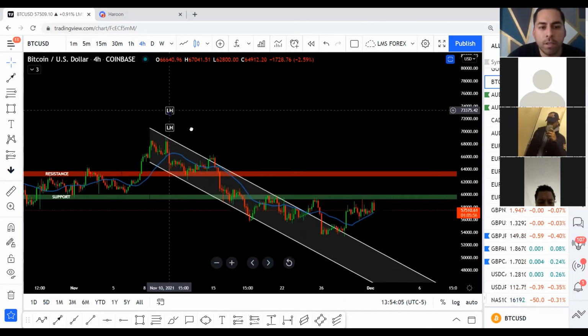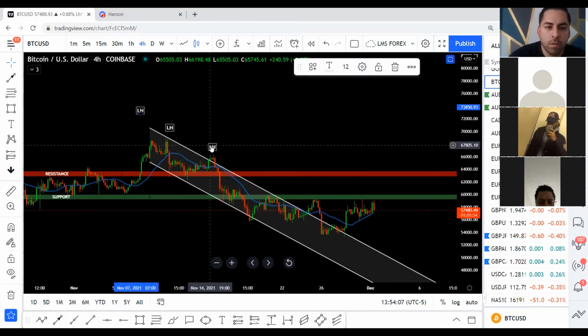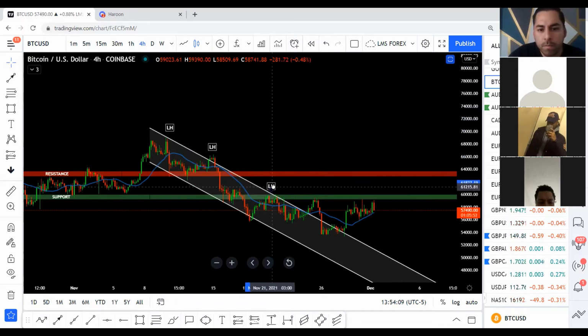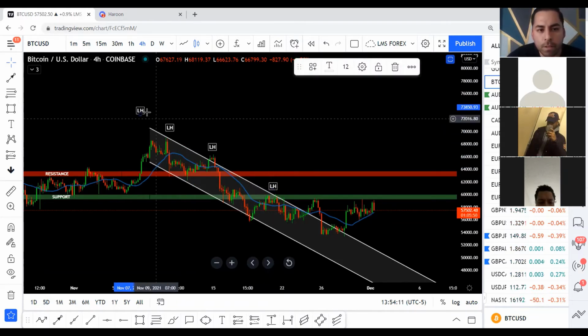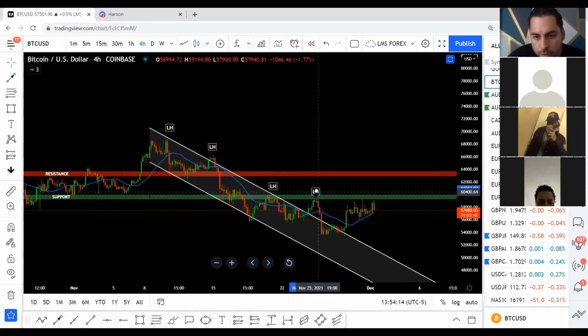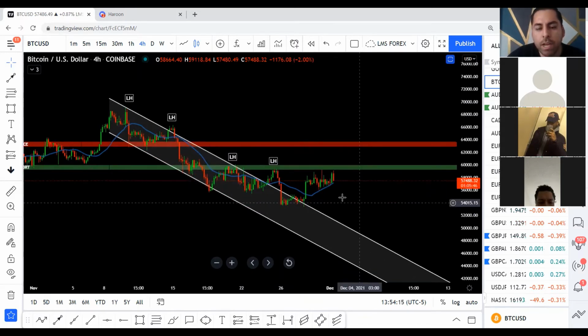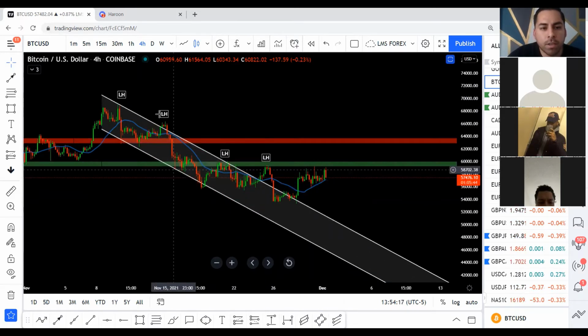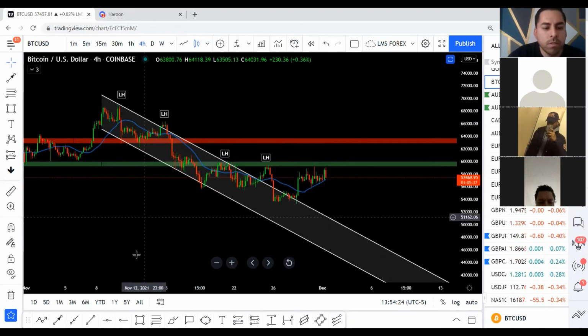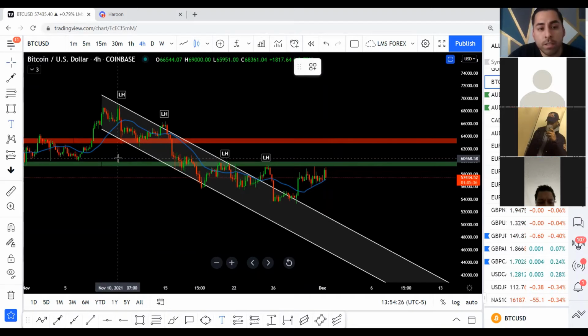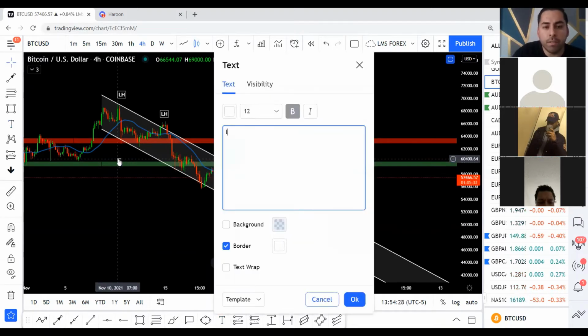Lower high here, lower high here, and this one was another one. You see how the price is creating these lower highs, but it's failing now to create a lower low. So there is a good chance that the price is going to start bumping up again.